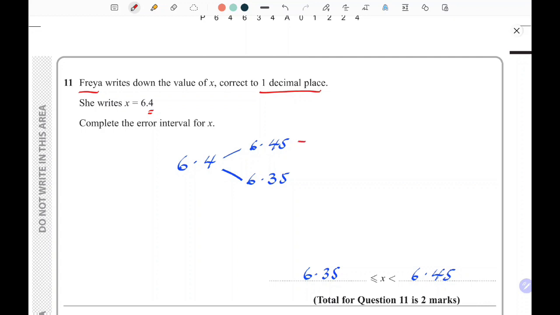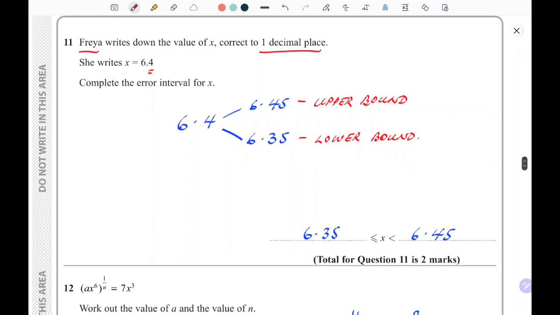Remember, that is the upper bound. And the lowest it could have been, that could still round to 6.4, would be 6.35. And that's the lower bound. So just put those numbers in. There's nothing complicated about that.